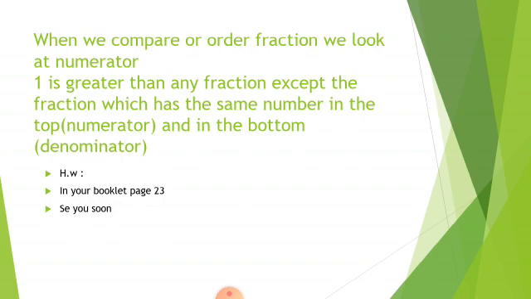For example, if I have 1 compared to 2 over 3, convert the 1 to 3 over 3 to have the same denominator. If I have 1 compared to 7 over 9, convert 1 to 9 over 9 to have the same denominator. When we have the same denominator, I will compare the numerators, the numbers at the top.